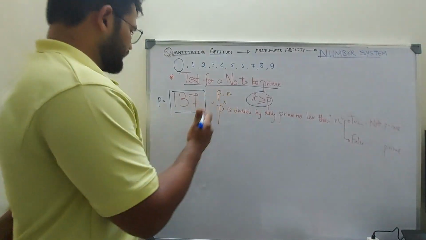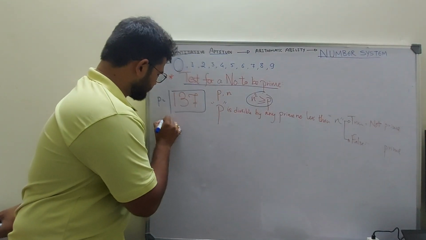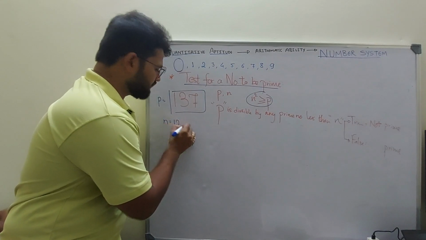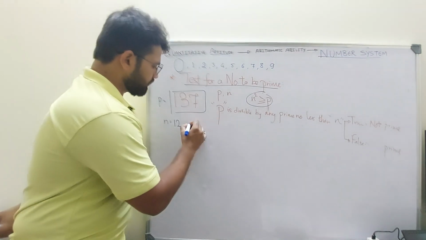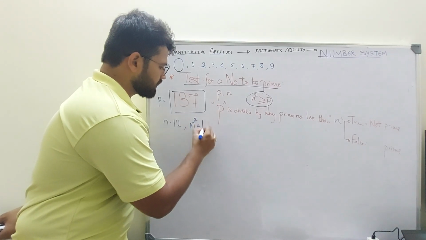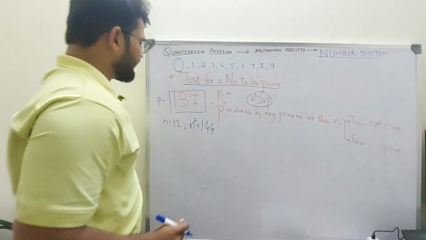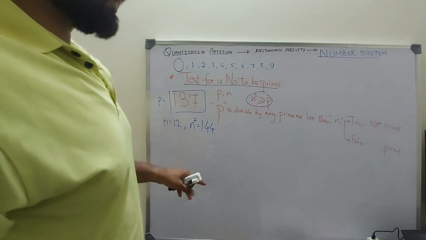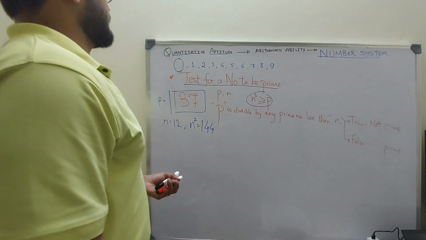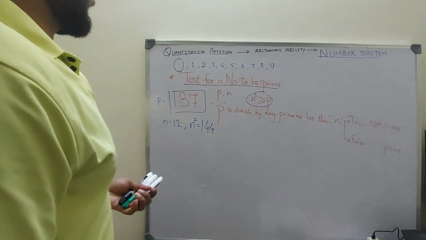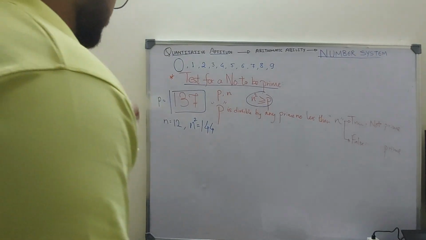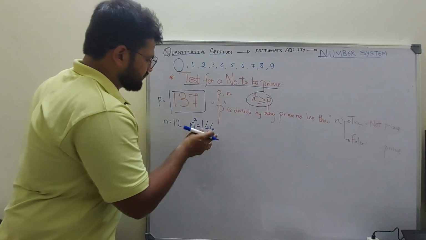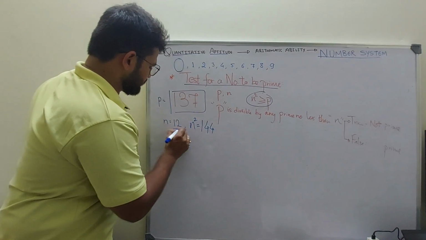So let's take n equal to 12. Why, you will get to know, because the square of 12 will be 144. If you go for 13, then 13 square is 169. So n will be 12.